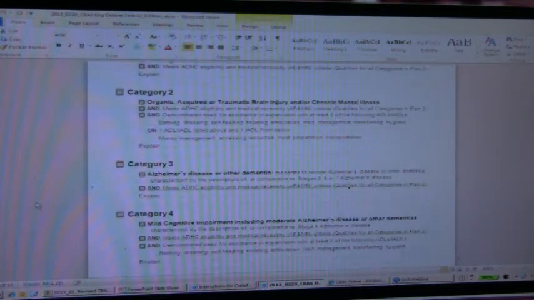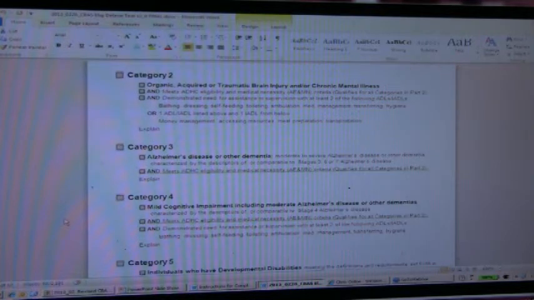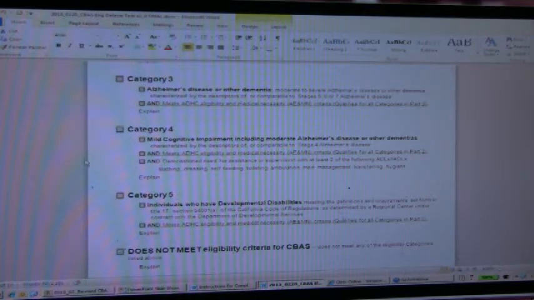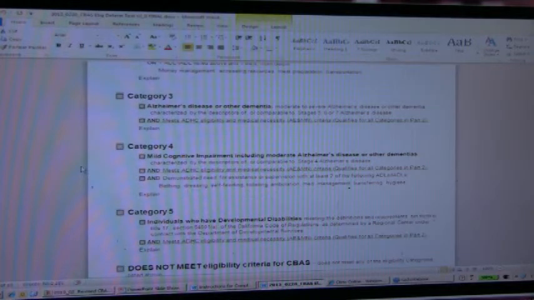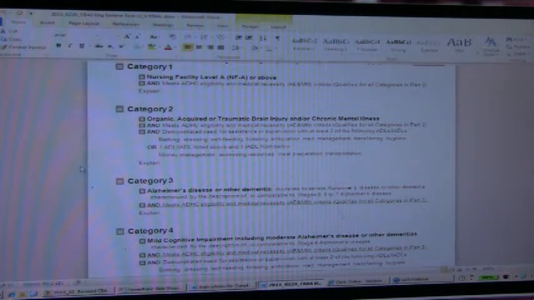Category 2 through 5 list a more specific organic, acquired, or traumatic brain injury, chronic mental illness, Alzheimer's, dementia, a cognitive impairment, or individuals who have developmental disabilities. The person should fit into one of these categories, whether it be category 1, the nursing facility level A, the broad category, or the more individualized categories.